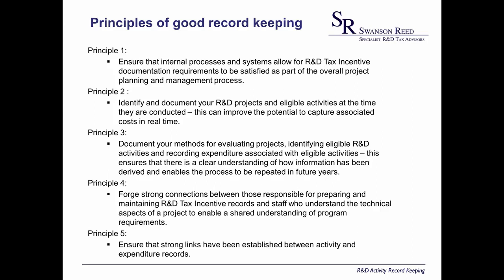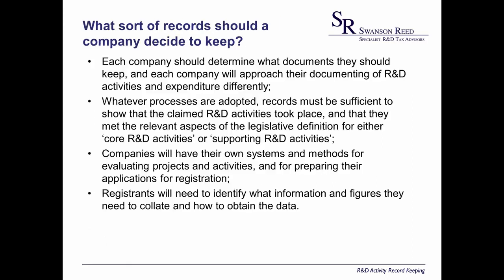Establish strong connections and communication between those responsible for preparing and maintaining R&D tax incentive records and staff who understand the technical aspects of a project to enable a shared understanding of the program's requirements. And finally, principle number 5. Ensure that strong links have been established between the activity and expenditure records.